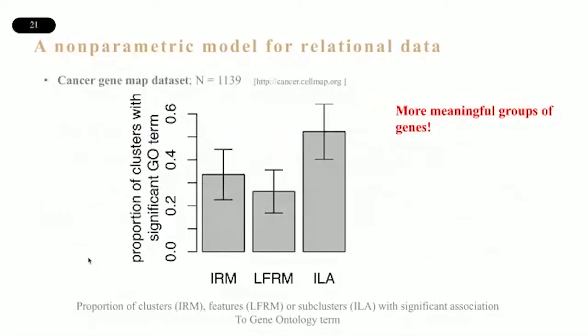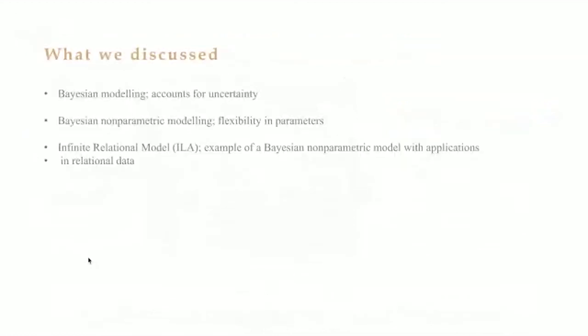In nonparametrics, we mainly care about the performance of the model. We want to predict correctly and capture the data generating mechanism. That's exactly what I tried to show here: by allowing for an infinite number of parameters, I was able to capture better predictive performance and more meaningful groups of genes.